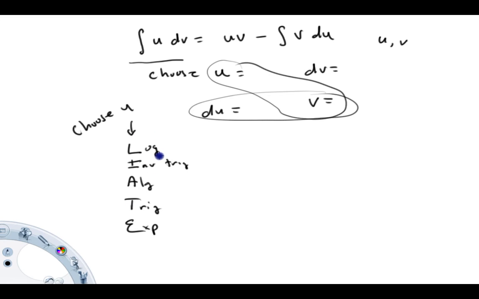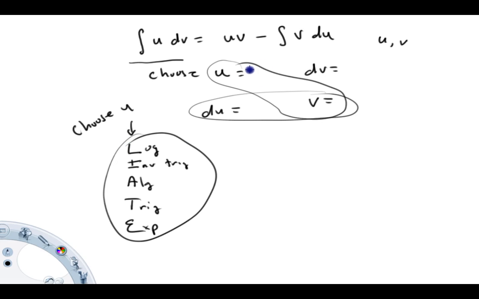If I don't, I look for other types of functions. If the first one I see is an algebraic function like x squared, that's going to be my u. If the first function I run into is a trigonometric function, that's going to be my u. Whatever's left will be the dv.